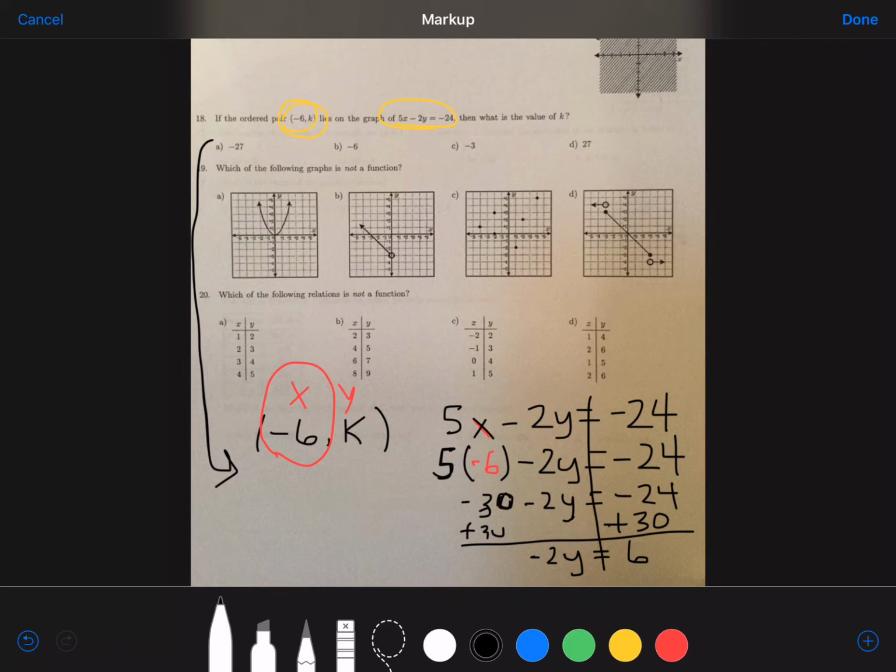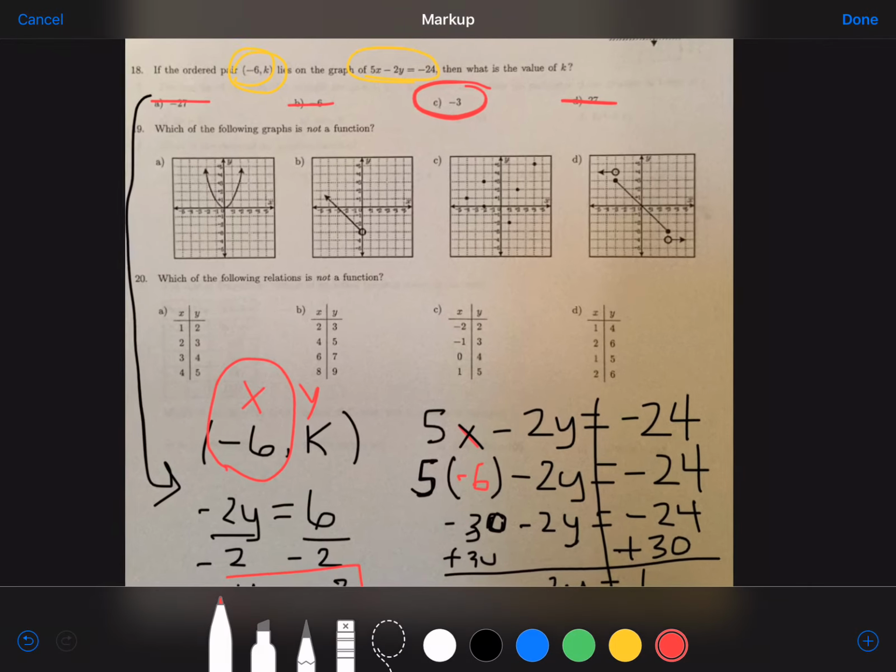I'm just going to come over to the side because I'm running out of room. And to get y by itself, our last step is to divide by negative 2. So you end up with y equals negative 3. The only answer that matches is C.